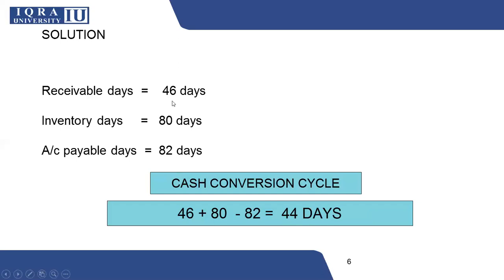They can either reduce the receivable days, or further improve their inventory days, or further extend the supplier days. Based on those decisions, their cash conversion cycle may decrease, and in some cases it might also increase, depending on what outcomes come after the decisions they have taken in their meetings.